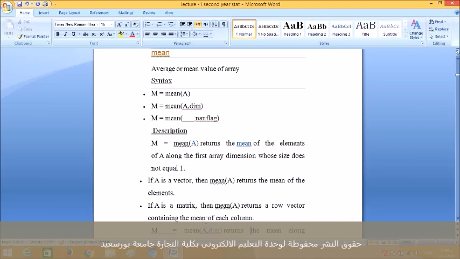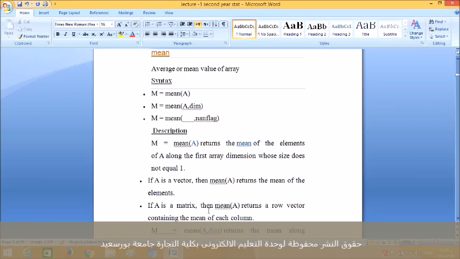If you want to compute the mean for columns, this is the default. So you can write here 1 for columns, or you can use mean of A without any other integers, any other dimension.